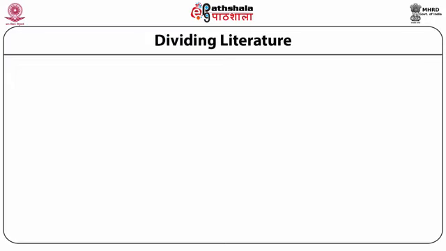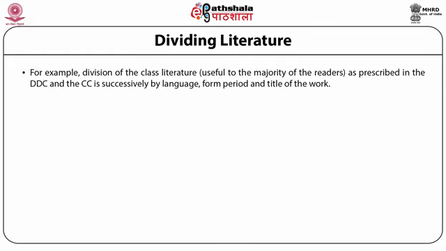Dividing literature. Now let us take some examples. As the first example, division on the basis of literature, which could be useful to the majority of the readers, prescribed in the DDC and CC, is successively by language, form, period of the author, and the title of the work.